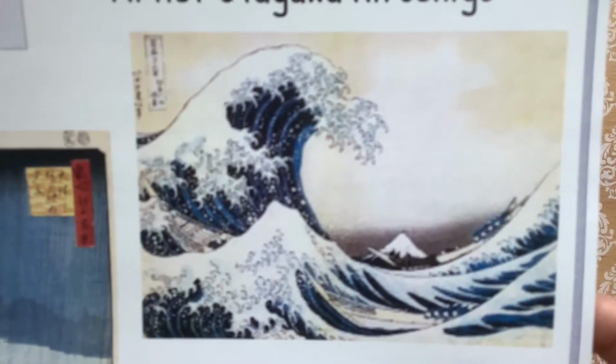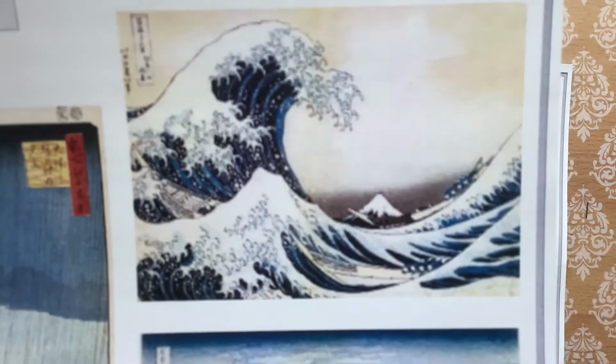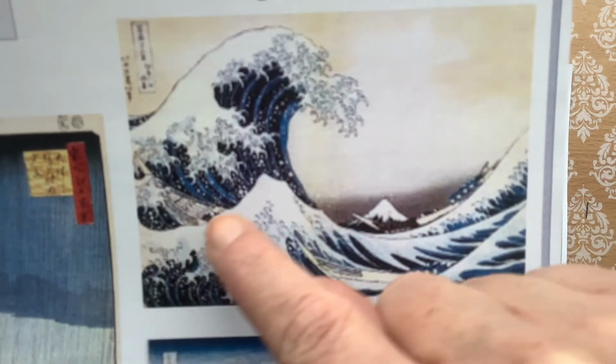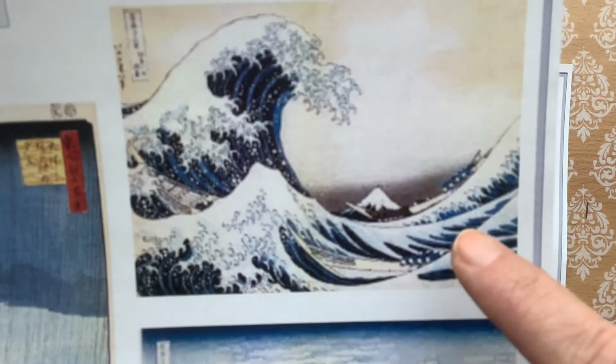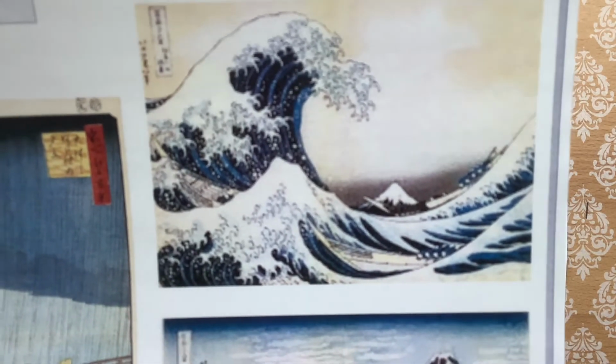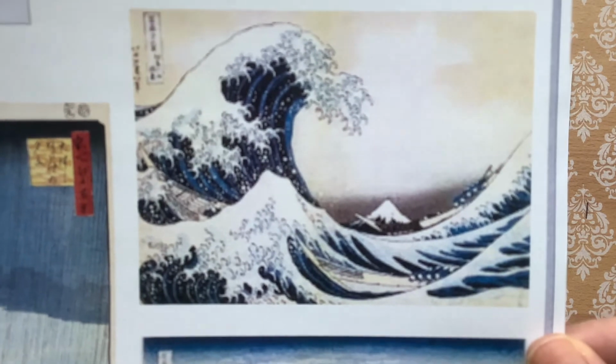Here, he's created these wave patterns, and he's using these kind of curved lines. Does that create kind of a soft, wavy ocean, or do you think it's more of a raging ocean?